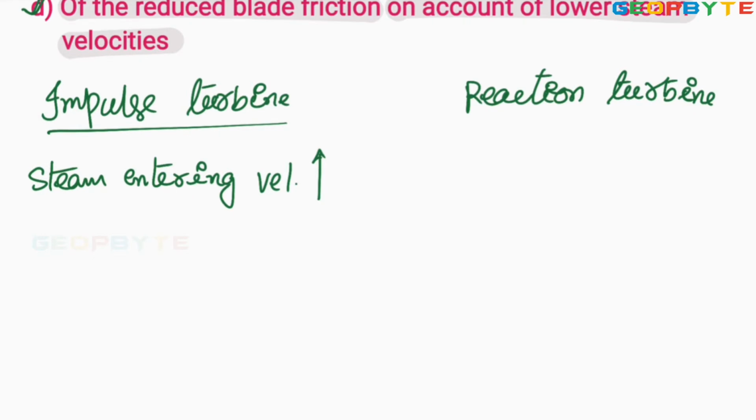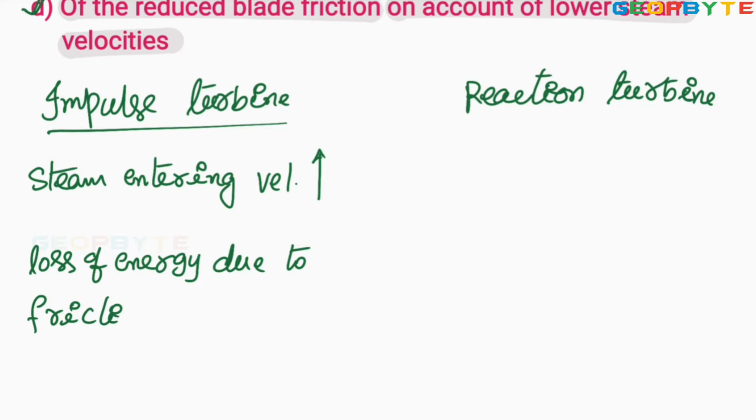The loss of energy due to friction is proportional to the square of the velocity.